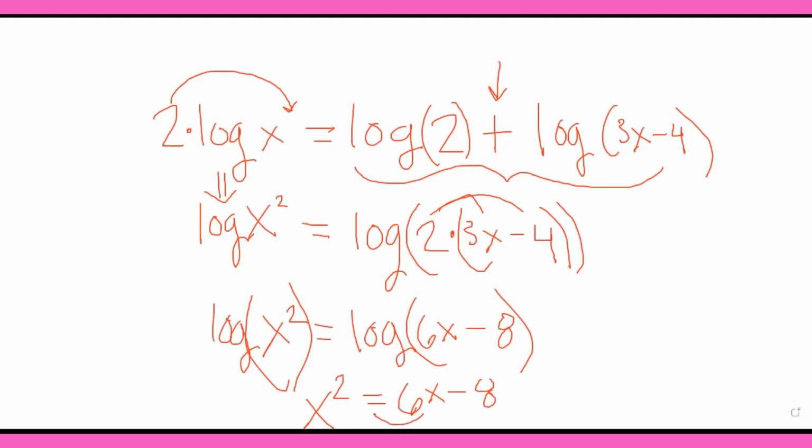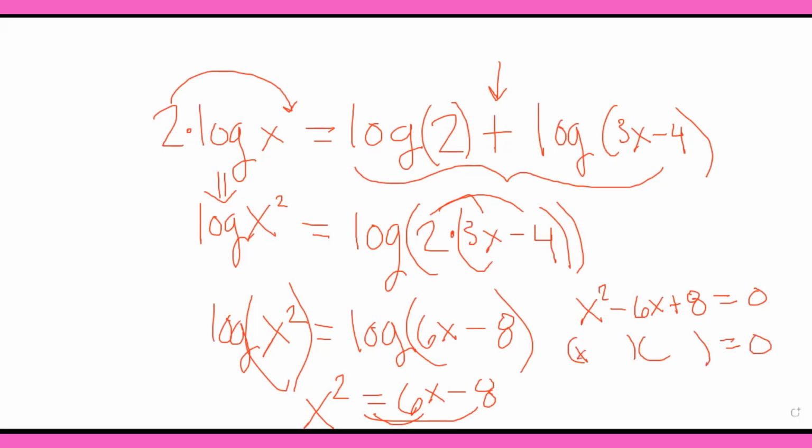So I'm going to move these two things to the left because I really don't want a negative in the first term. So if I have x squared and I move those other guys to the left, minus 6x plus 8 now equals 0.